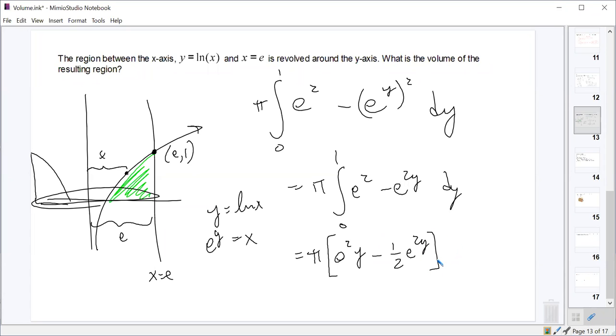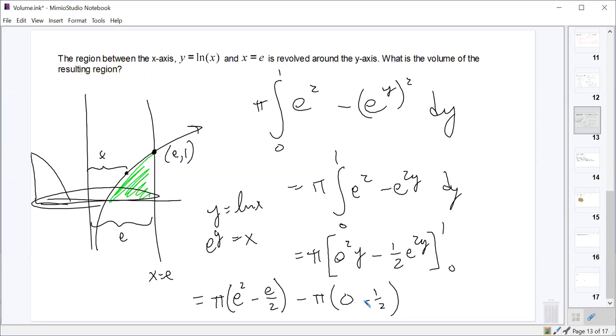And so now we just have to evaluate that from 0 to 1, which ought to give us what? The first one should be pi times e squared minus e over 2. And then minus pi times 0 minus 1/2.